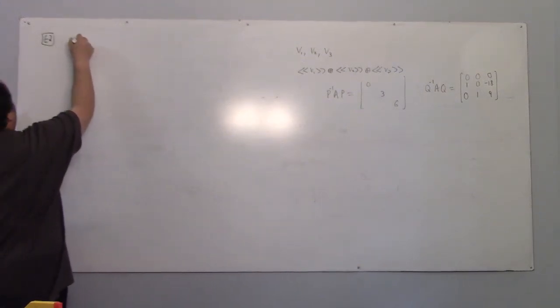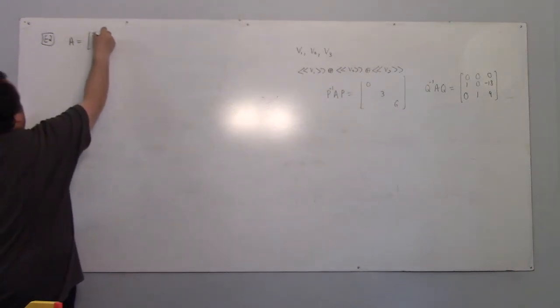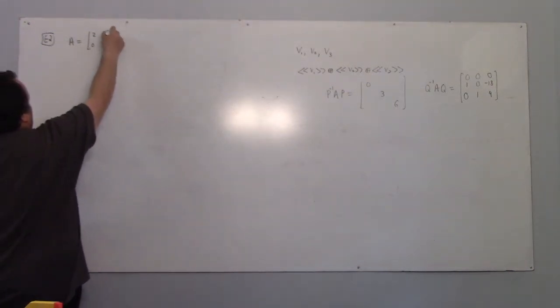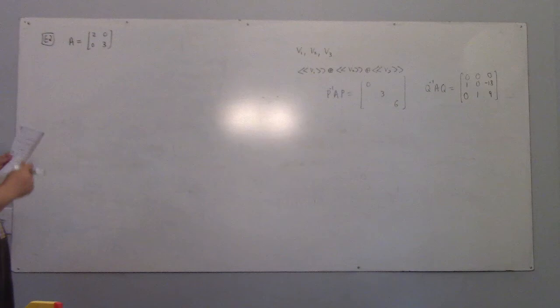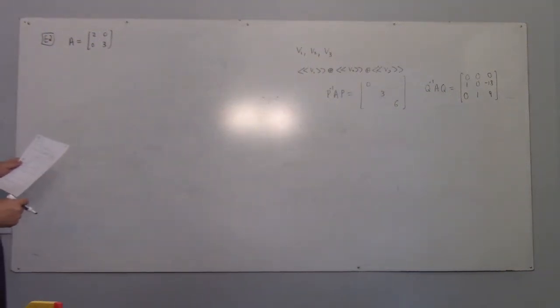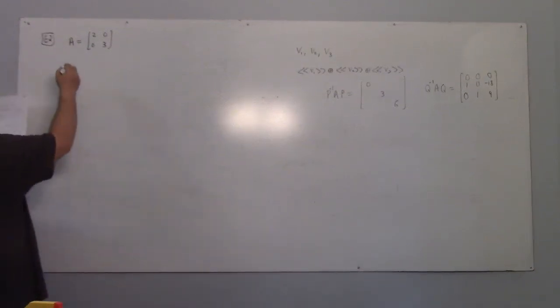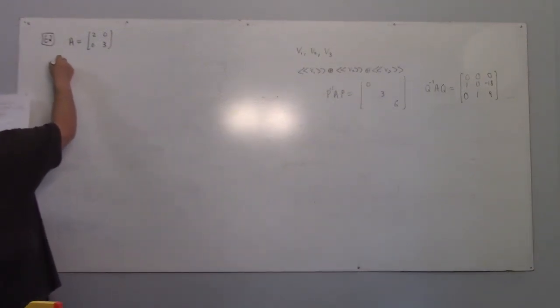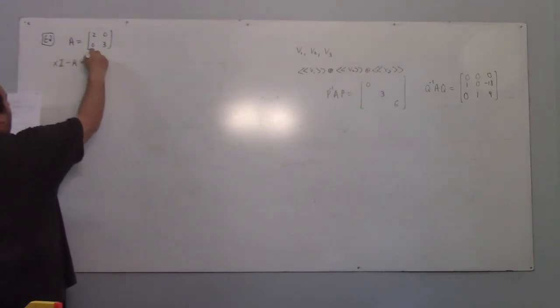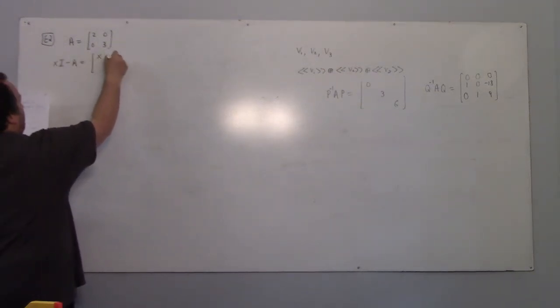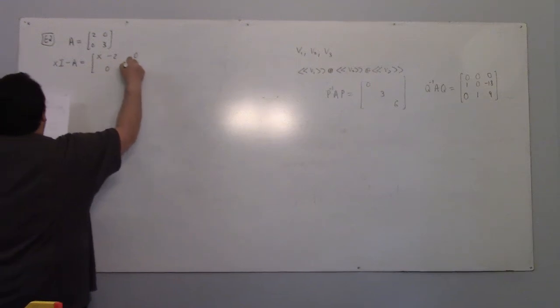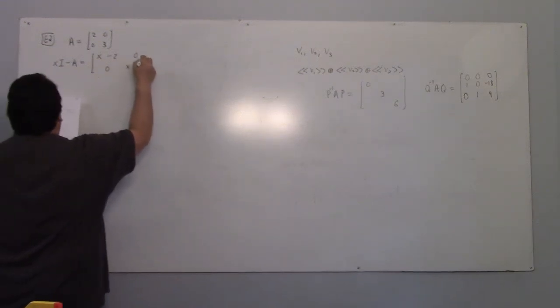Example 2 is equally silly. So here we have the diagonal matrix 2, 0, 0, 3. The whole program that we're engaged in right now is, how do you figure out how to diagonalize a matrix? Let's start with the diagonalized matrix and see how the method works. It may be constructed as x minus 2, 0, 0, x minus 3.